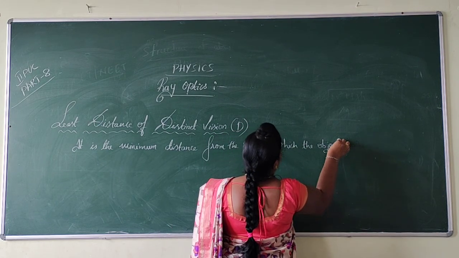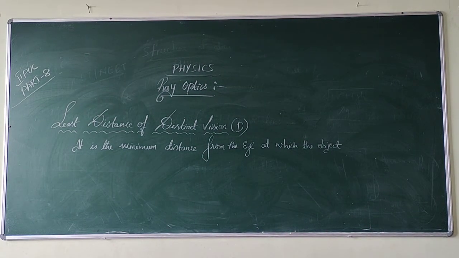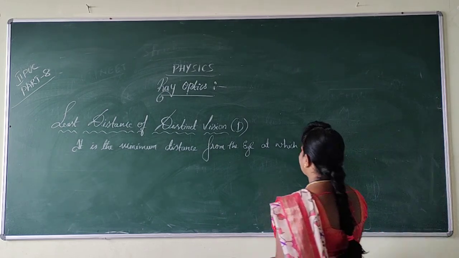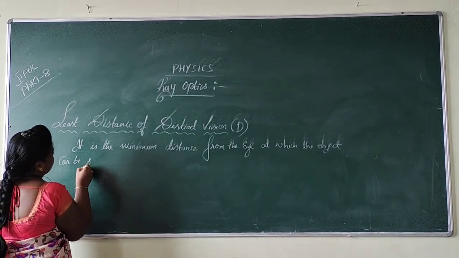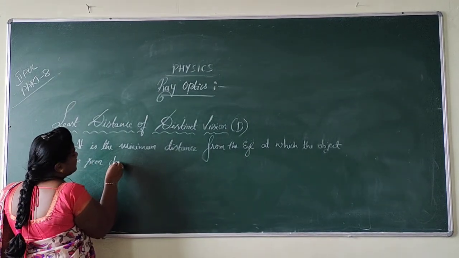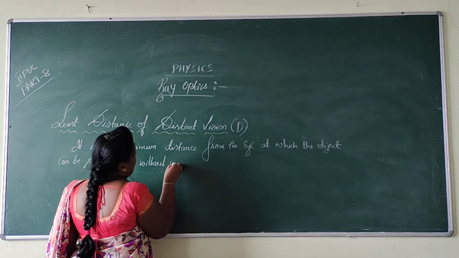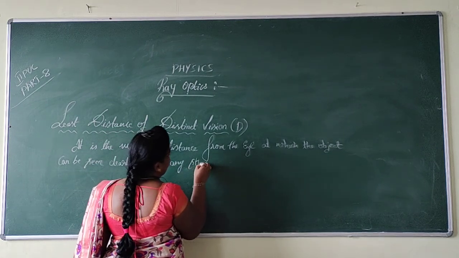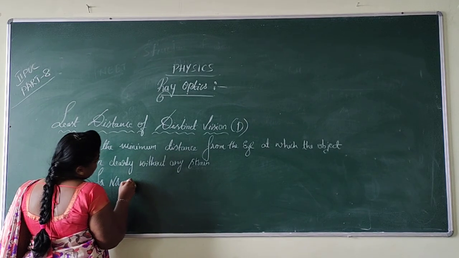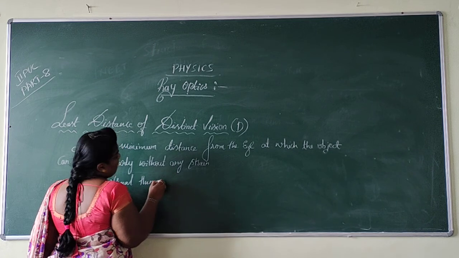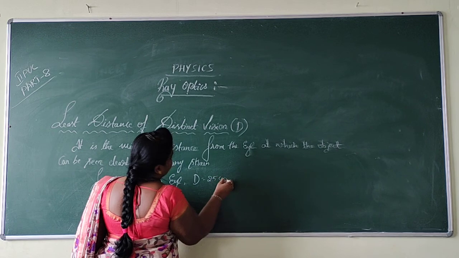It is the minimum distance from the eye at which the object can be seen clearly without any strain. For a normal human eye, the least distance of distinct vision is D equal to 25 centimeter.